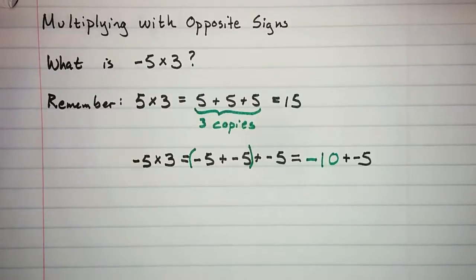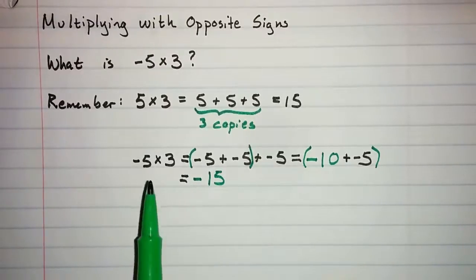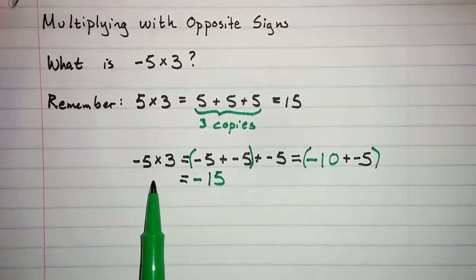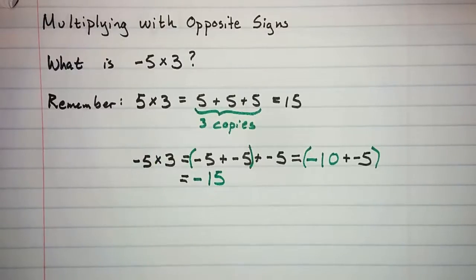Negative 10 plus negative 5. Same sign, so the result will also have that sign, negative. Same sign, so the operation we want is addition. 10 plus 5 is 15. Notice that negative 5 times 3 ended up being just the opposite of 5 times 3.